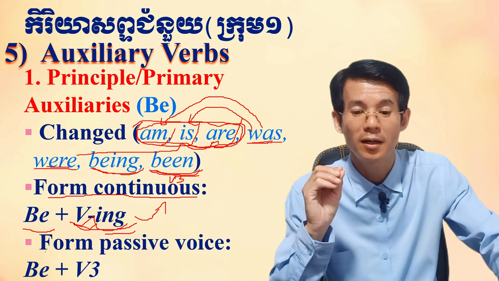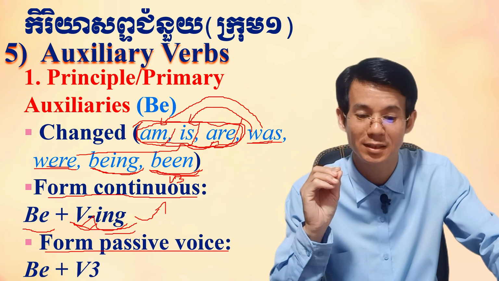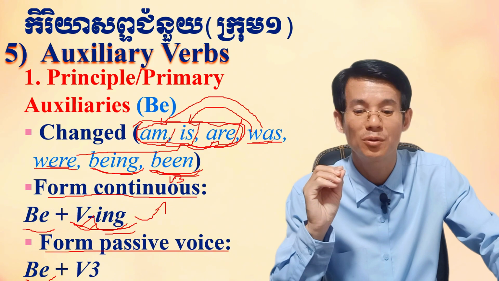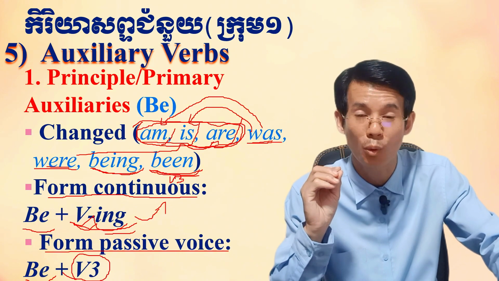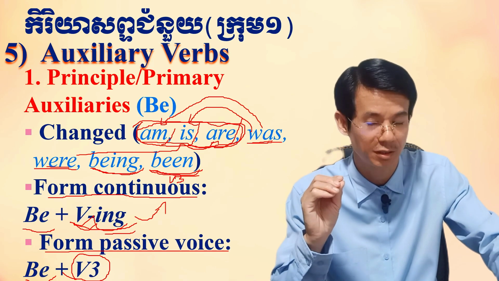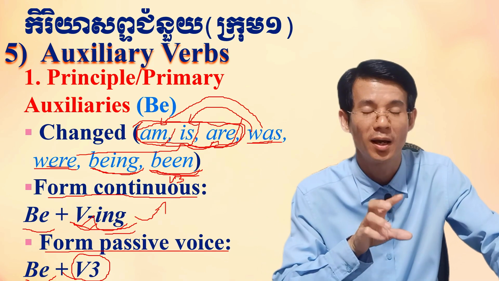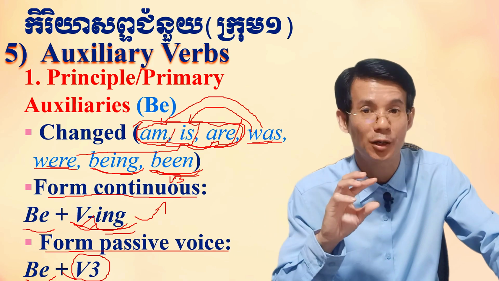The third point for auxiliary verb: verb to be has the main verb function to form passive voice. Verb to be followed by verb 3, the past participle, forms passive voice. We have active and passive, meaning the subject receives the action.